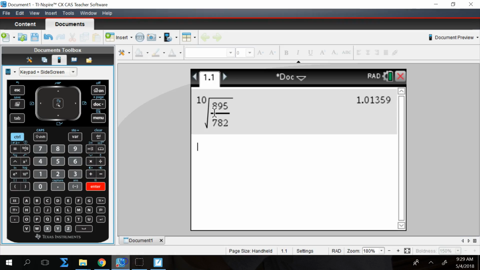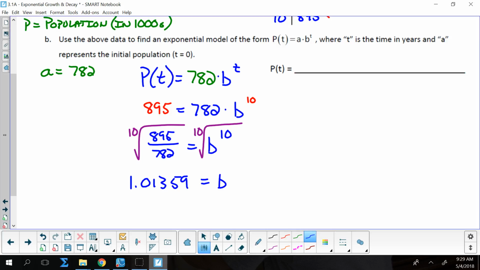Did I say that right? 1.01359. 59 is my B. So my function then can be written as 782 times 1.01359 to the T power.